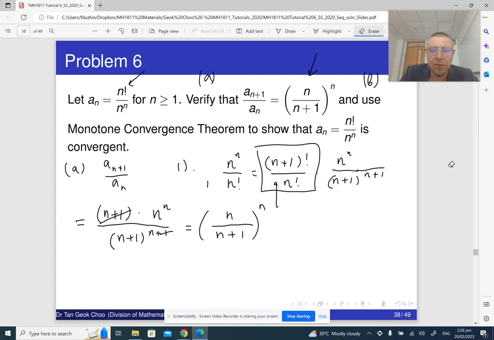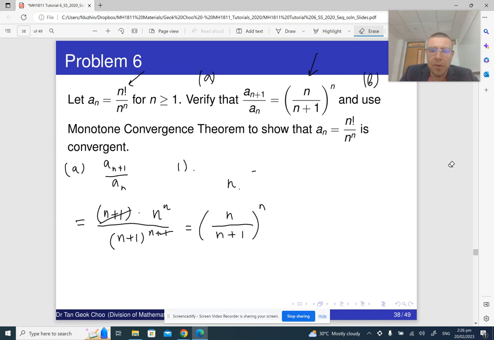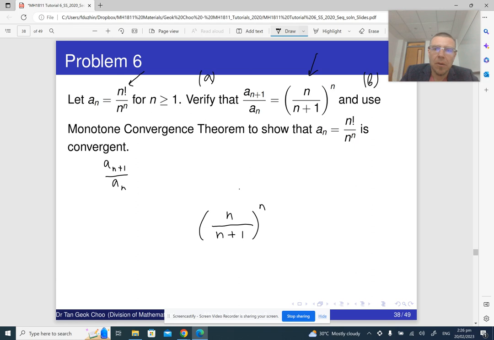Okay, so if this is the ratio of a_{n+1} and a_n, then how is a_{n+1} expressed in terms of a_n? Basically multiplying this with a_n, we get a_{n+1} equals this times a_n.